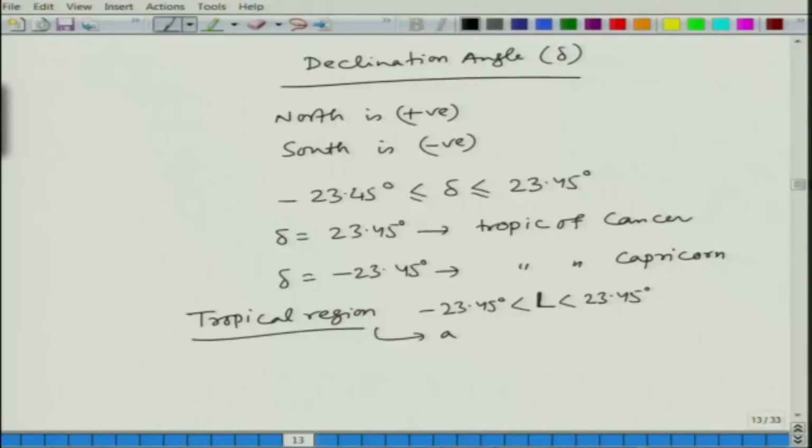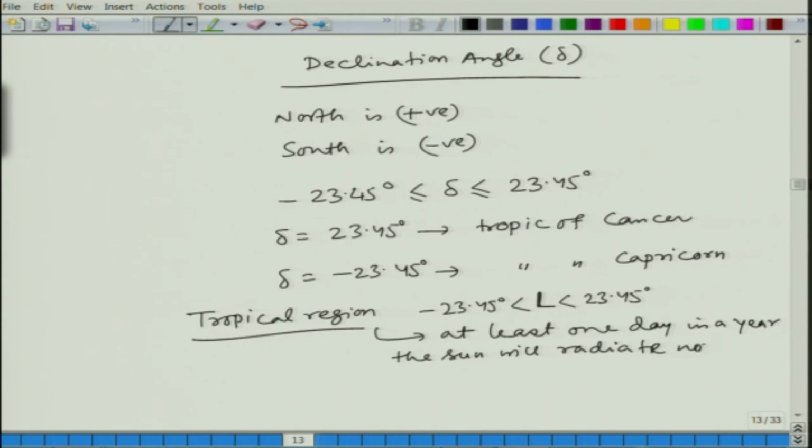So, at least one day in a year, the sun will radiate normally to any location in the tropical region.